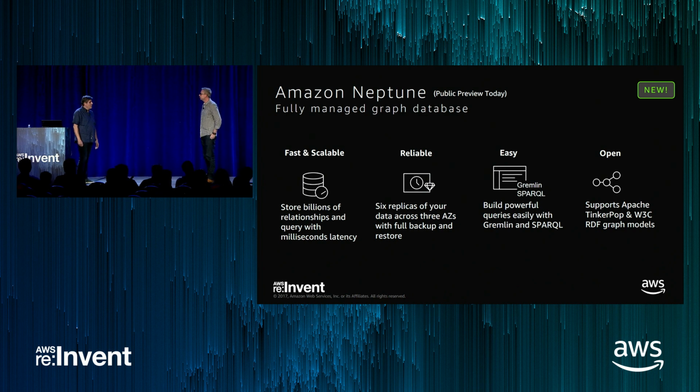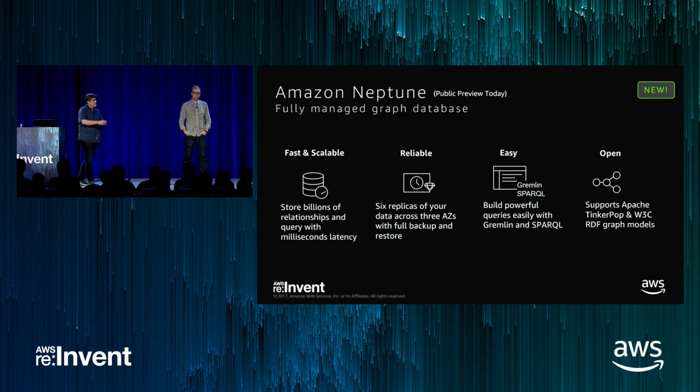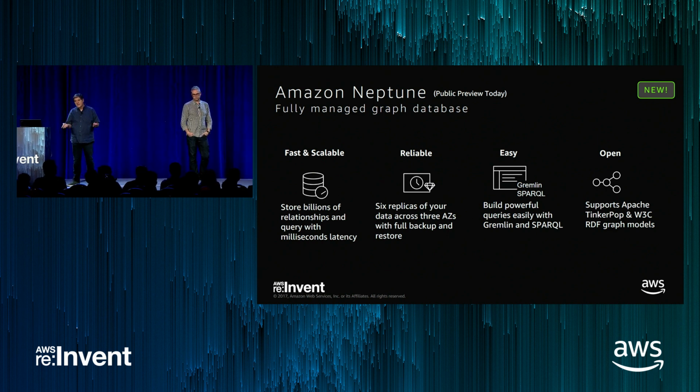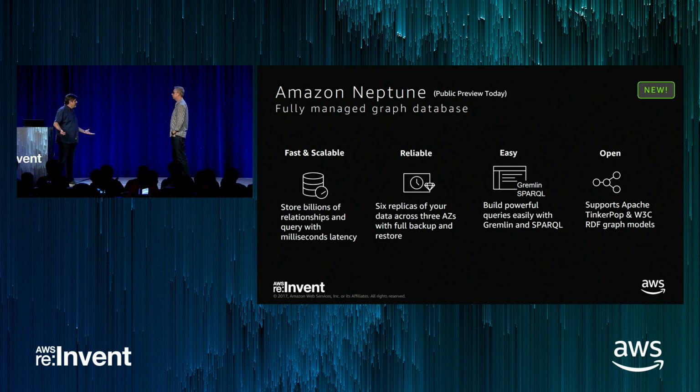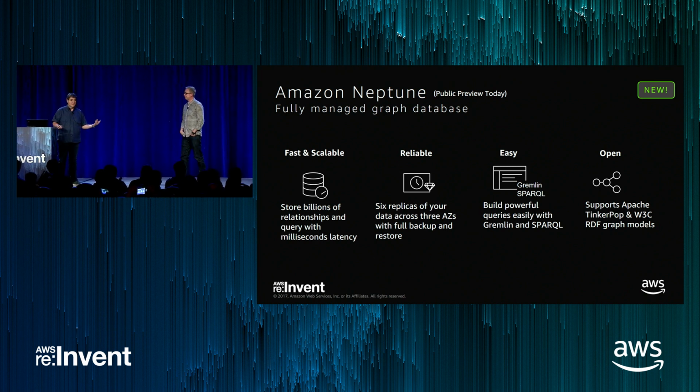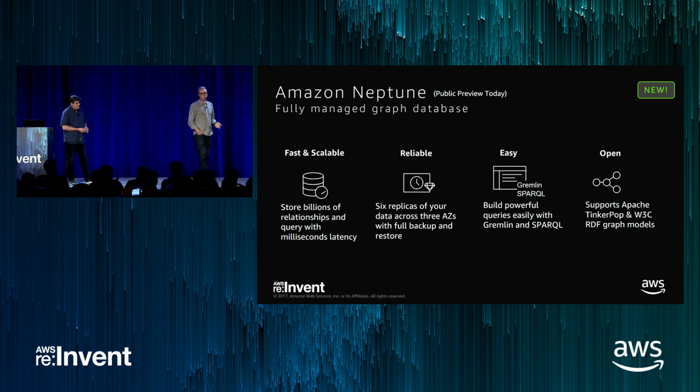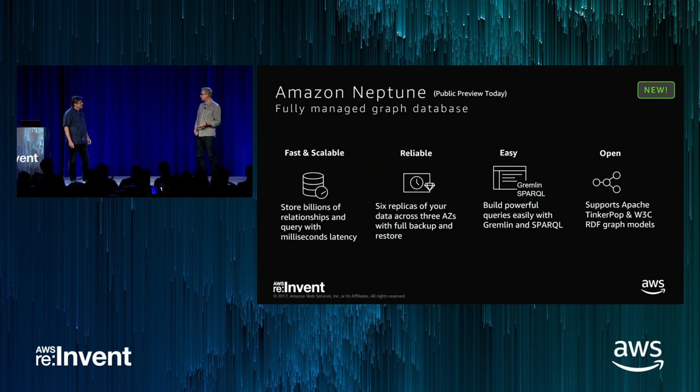All right, so we announced Neptune because we have recognized the fact that graph is really an important thing. Facebook uses graph databases because that's a pretty big graph. So why would you use a purpose-built and specialized database for something like relations?